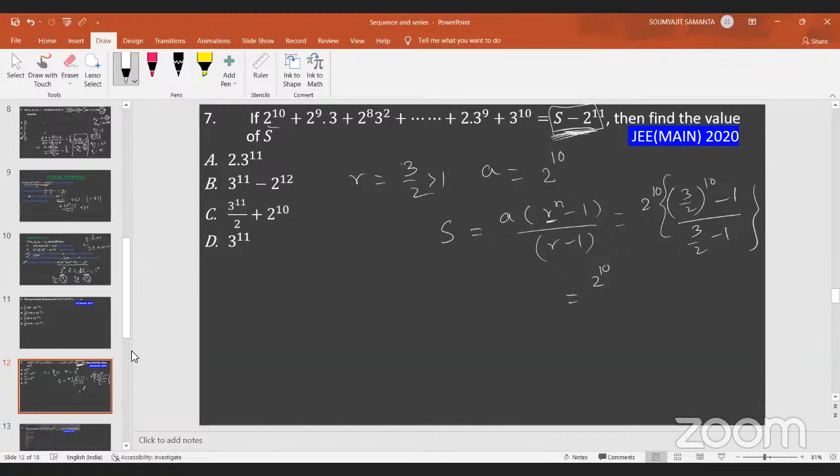How many terms are there? 10 or 11? Sir, 11. 3 power 10 into 2 to the power 0, 2 power 1. Yes, 11 terms are there, not 10 terms.